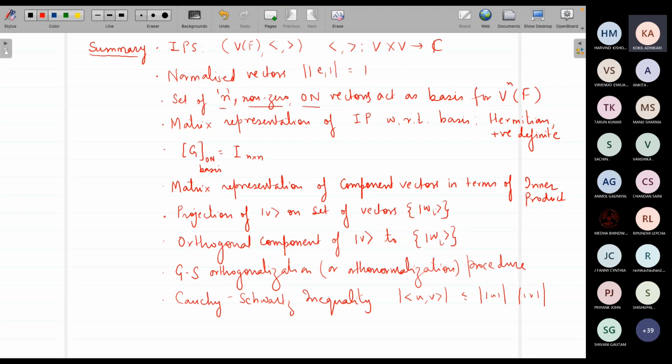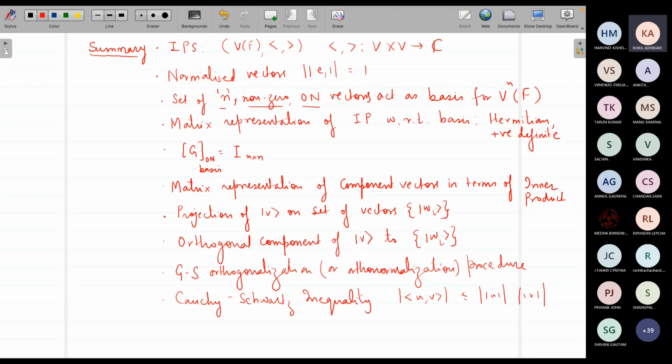Then we came up with this concept of the projection of a vector on a set of vectors, or the orthogonal component of a vector to this set of vectors, such that these two concepts allow us to formulate the Gram-Schmidt orthogonalization procedure, which is that we can write any set of linearly independent vectors in terms of orthogonal or orthonormal vectors.